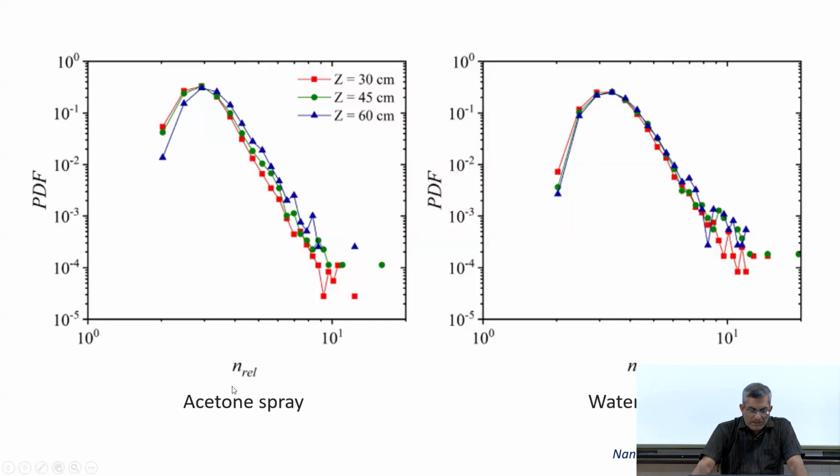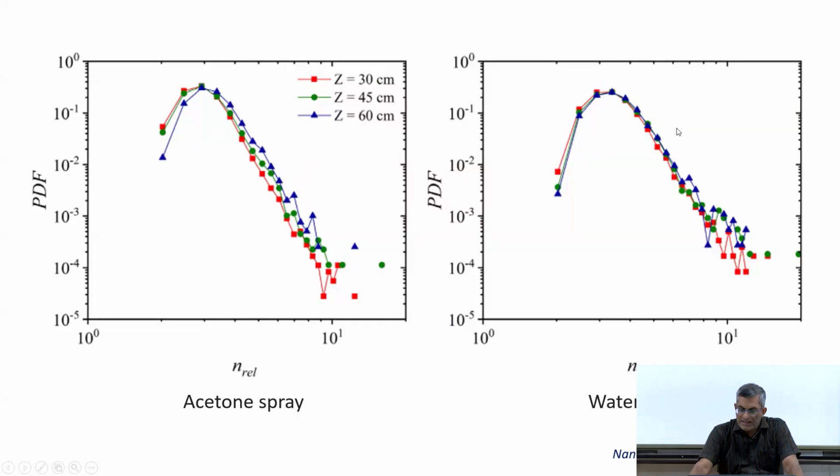Now, within clusters we see that the relative number density is always greater than 1 and it peaks at around 3 or so. This means that on average the number density within the cluster is about 3 times the overall average value. And then how does it change between the water spray and the acetone spray?